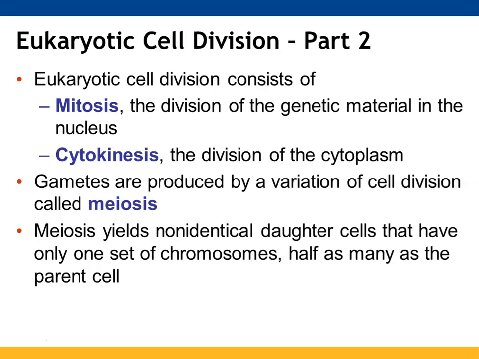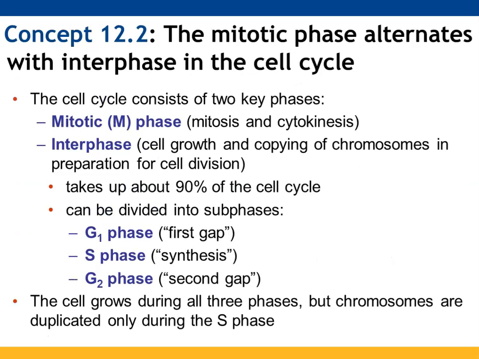We'll spend more time on meiosis in our next chapter. In meiosis, you will see that there are some events that take place that do not take place in mitosis, which allows each individual cell to not necessarily be identical to other daughter cells. And again, they only have half the number of chromosomes that their parent cells would have.